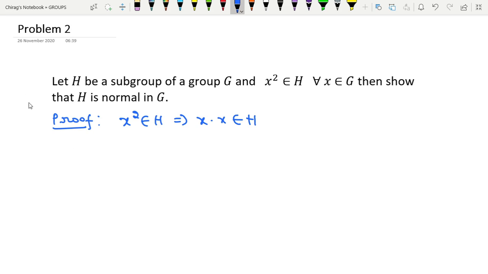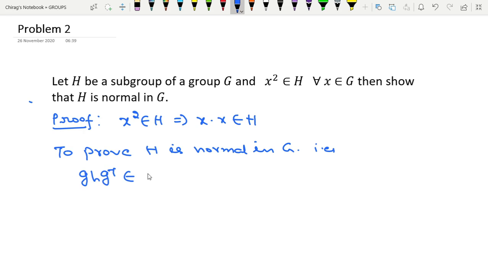Okay. Now what do we need to prove? To prove H is normal in G, that is, g h g inverse belongs to H for all g belonging to capital G and h belonging to capital H, right?